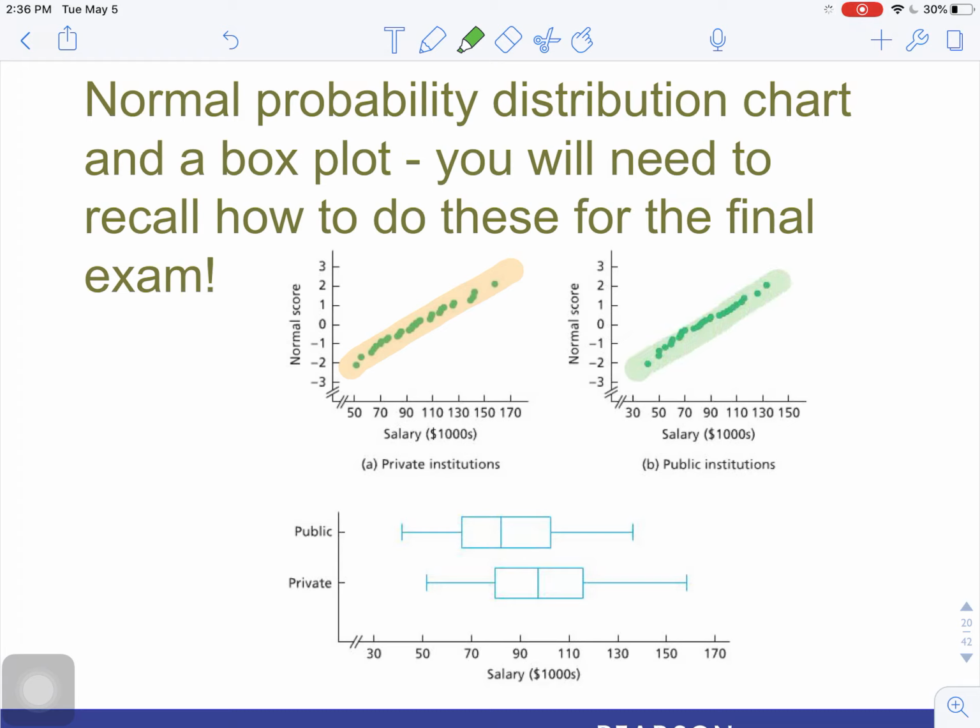With our public institution, again, it's pretty linear. We're good with that. And checking whether the spreads are roughly equal, here again they look fairly equal. So it's safe to use this procedure.